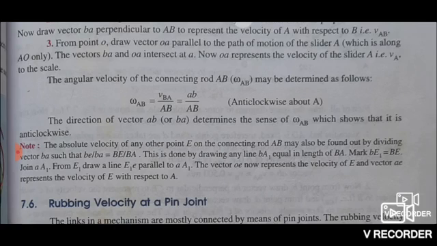This is done by drawing line BA1 equal to length of BA, marking BE1 equal to BE, joining OA1. From E1, draw line E1E parallel to OA1. The vector OE now represents the velocity of E, and vector AE represents the velocity of E with respect to A.